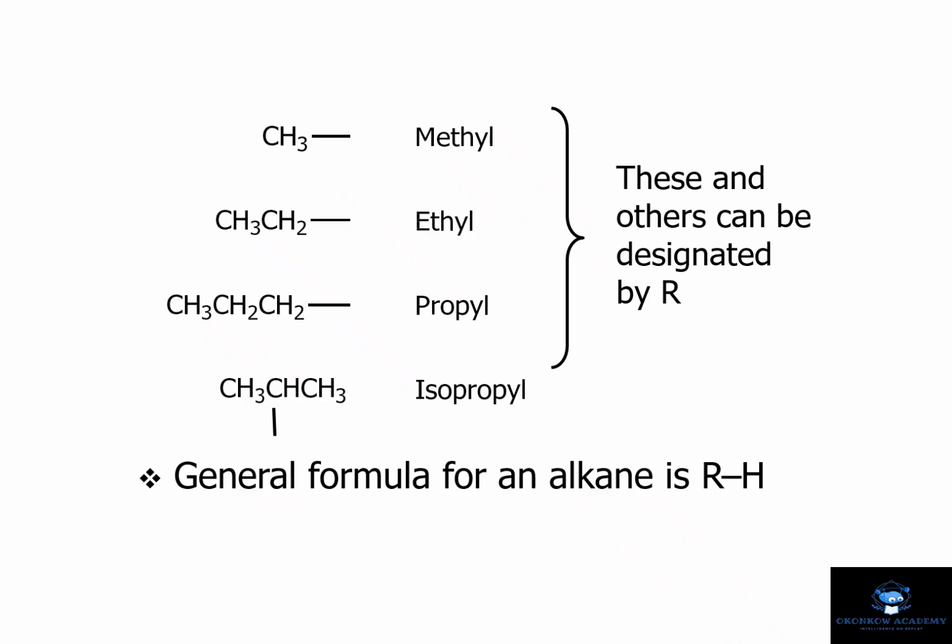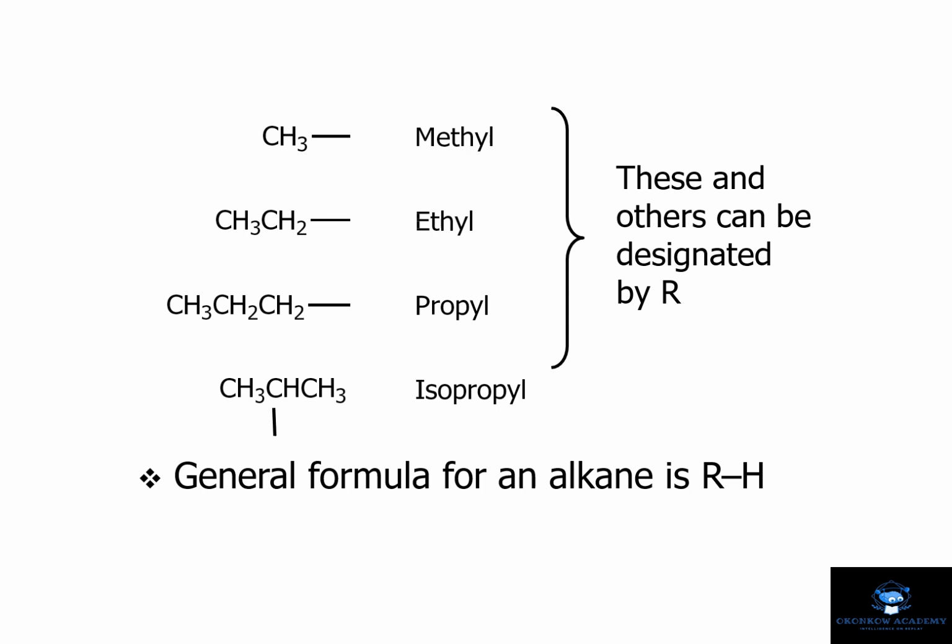So the general formula for an alkane is RH, where R represents an alkyl group, methyl, ethyl, propyl, or any other carbon chain. This R notation is shorthand that allows us to write general reactions applicable to an entire class of compounds.